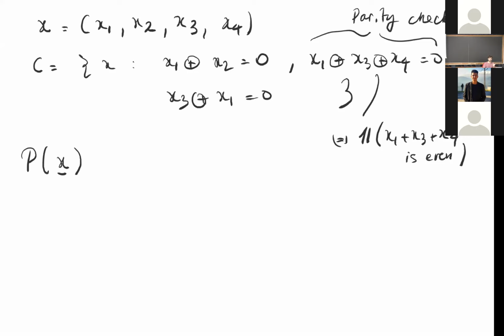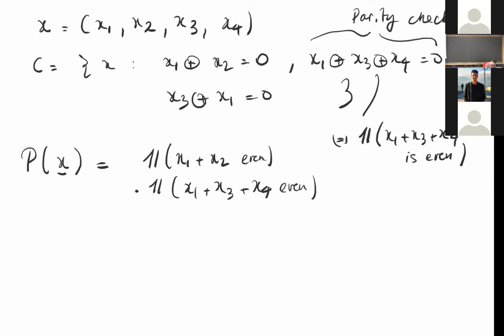What is the probability, if I receive something, that it is actually a code word? It is just the product of these factors. So here it is just 1 if x1 plus x2 is even, times 1 if x1 plus x3 plus x4 is even, times 1 if x3 plus x1 is even.